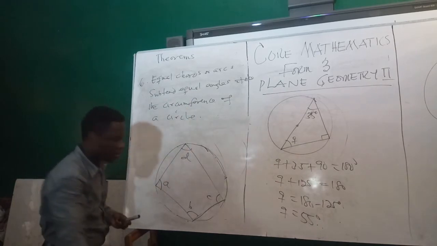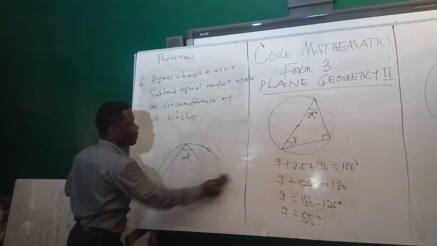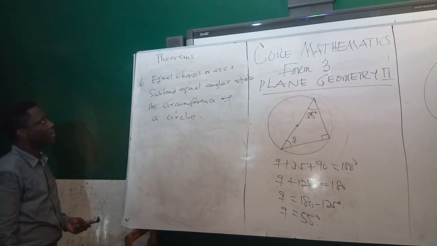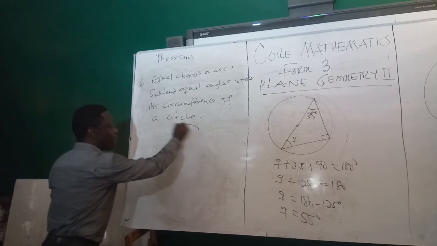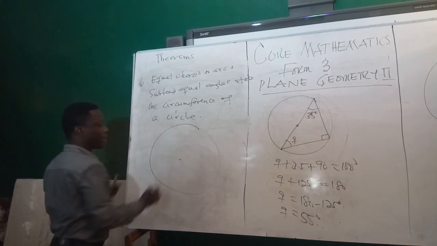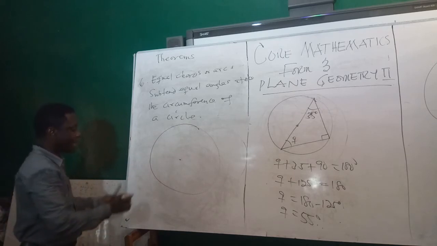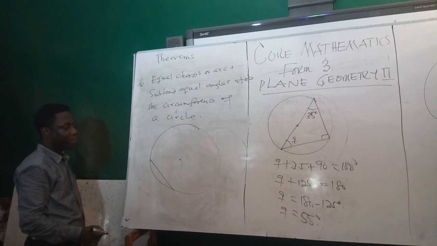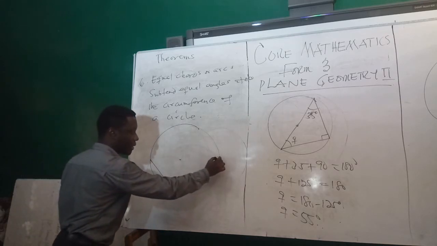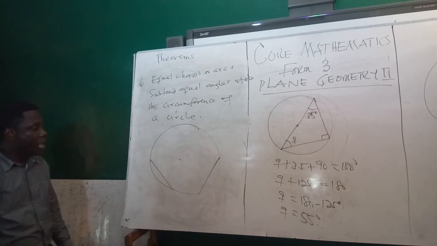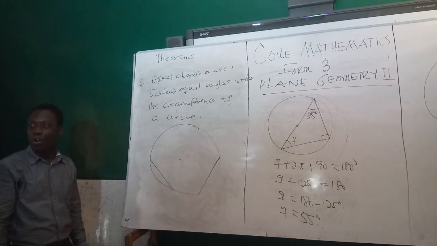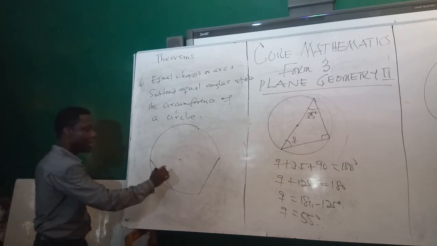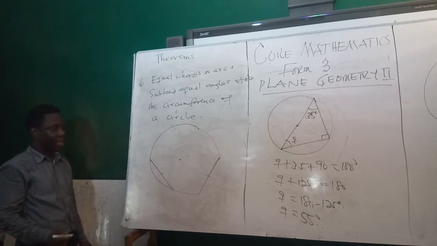That's the concept. Now, how do we interpret that? Equal chords. What it simply means is that if I have a circle with a center and I have a chord, let's say this chord, and I have another chord, let's say this one. Now, if the lengths of these two chords are the same, in mathematics we indicate that by putting some small lines here.